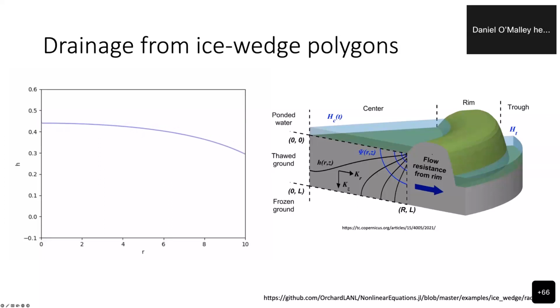And then there are questions about how these things interact between the thawing and the flow going from inside this ponded region to the troughs in between these polygons. Anyway, this is something we could build in a day to model this and do model calibration and things like that.